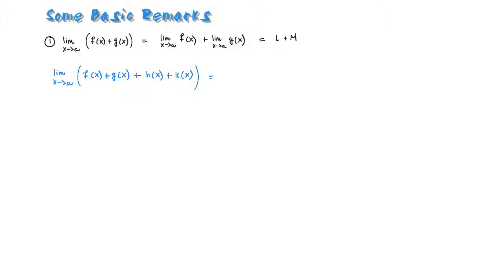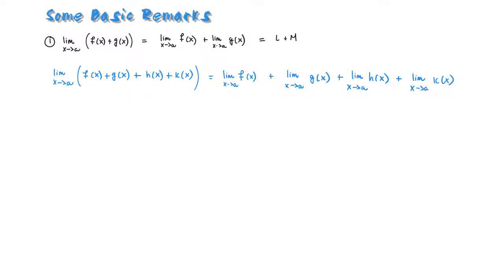Then the property says, well, not a problem. It says as long as each individual function has a limit at a, then we can apply the limit to each function at a time. So we can say that this is equal to the limit as x approaches a of f of x plus the limit as x approaches a of g of x plus the limit as x approaches a of h of x plus the limit as x approaches a of k of x.